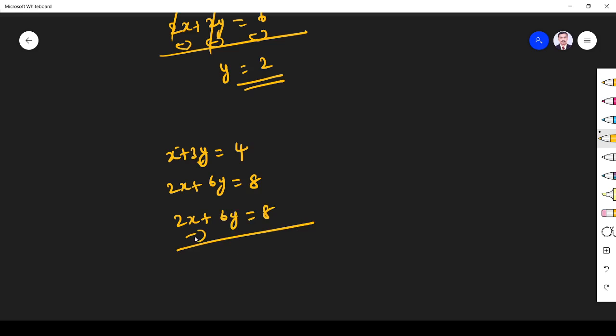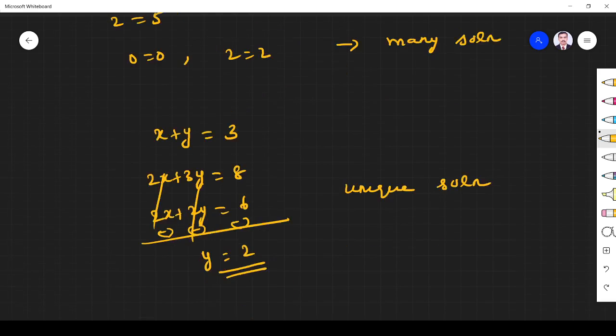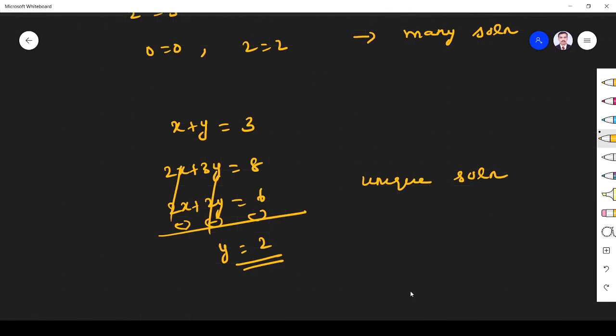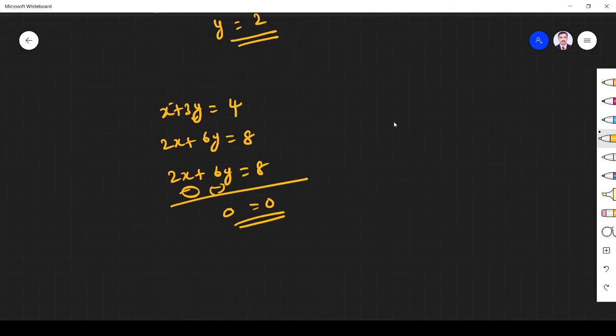What happens if I subtract? 0 is equal to 0. As I told, something is equal to itself, like 0 is equal to 0 or 2 is equal to 2. So this means it has infinitely many solutions.